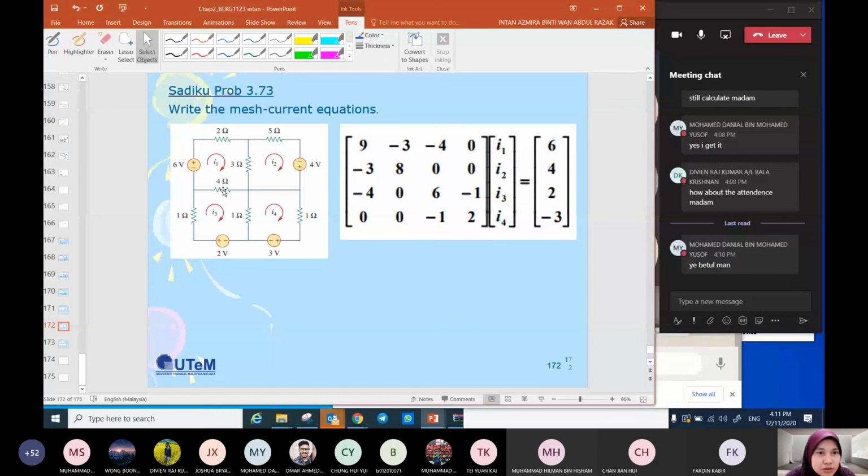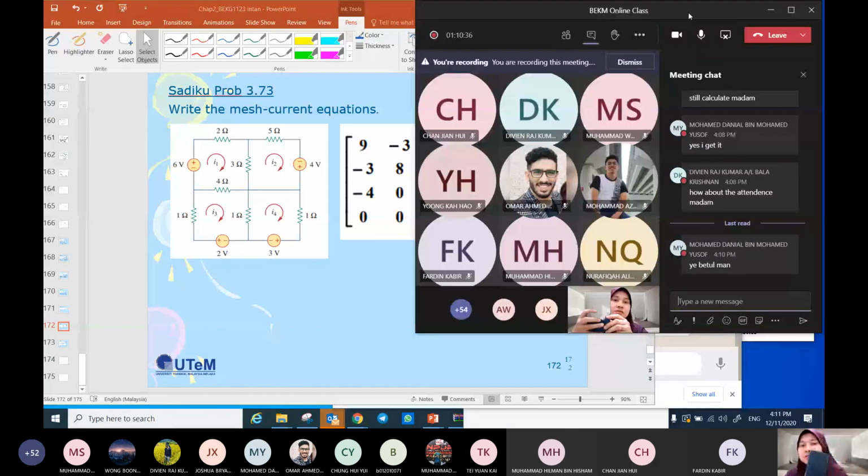So in loop I1, this is for loops. If you use the old version of the scientific calculator, this one, it can only solve 3 equations. But this version of calculator, the white one, can solve more.